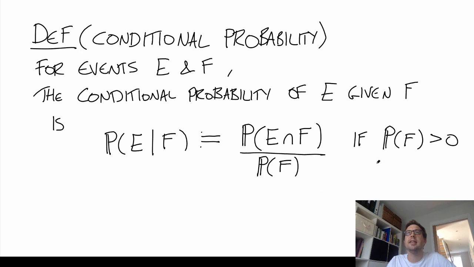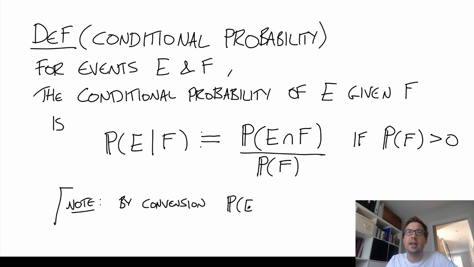In some sense I could let this be equal to whatever I like if the probability of F was equal to 0, but by convention the probability of E given F is taken to be 0 if the probability of F is equal to 0. That's just the normal convention that we work with.